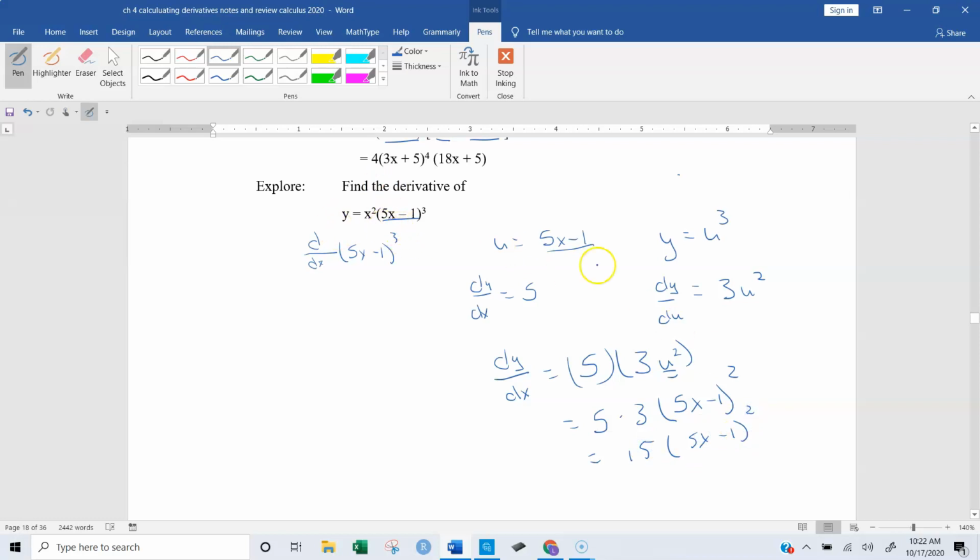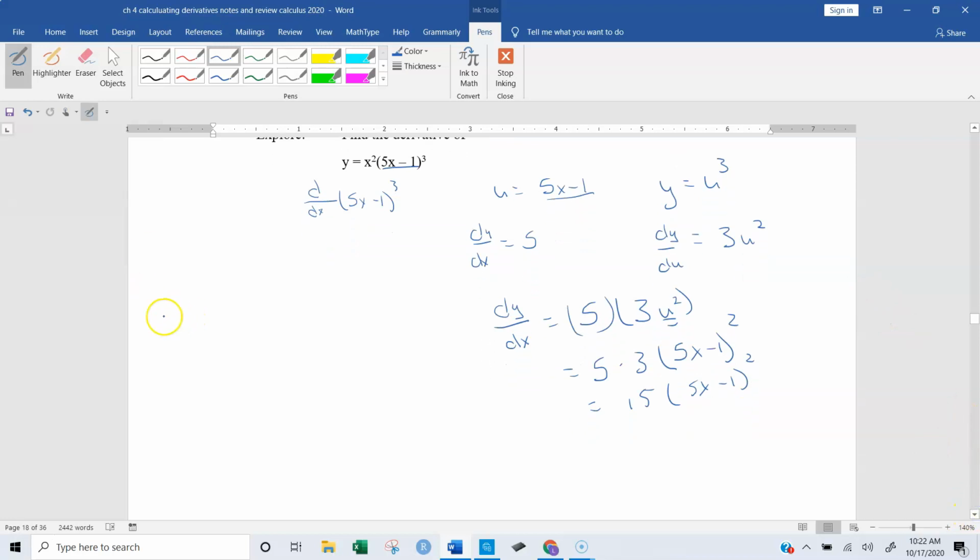That is the derivative of the second. So now let's use our product rule. The derivative of y with respect to x is equal to the derivative of the first, which is 2x, times the second, (5x minus 1) cubed, plus the derivative of the second, which is 15 times (5x minus 1) squared, times the first, which is just x squared.